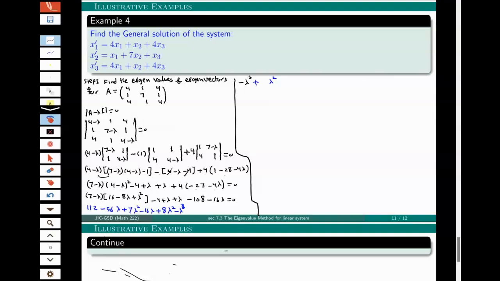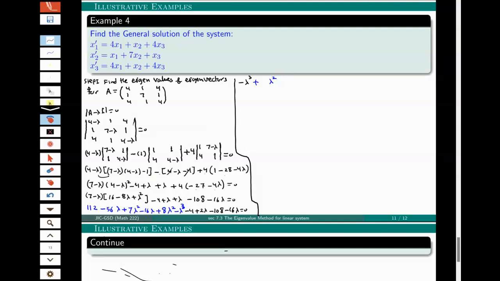That's the first one. Here I have minus 4 plus 2 lambda. Okay, and I have here minus 108 minus 16 lambda equal to 0.